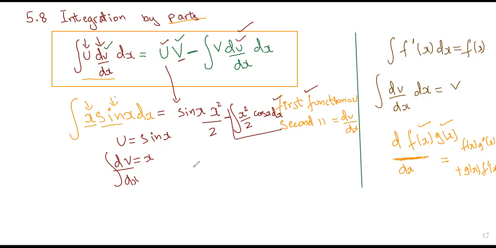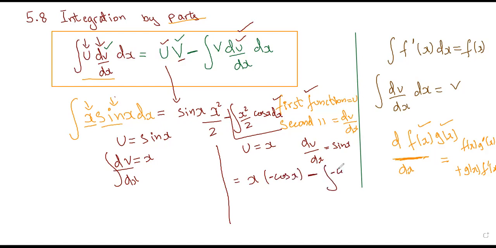Okay, and the other situation is if I use u as x and the second function as sin x, and now when I apply the formula, I would get u is x, integration of second function, integration of sin x is minus cos x, minus sign would come here, integration of second function, and derivative of first function.